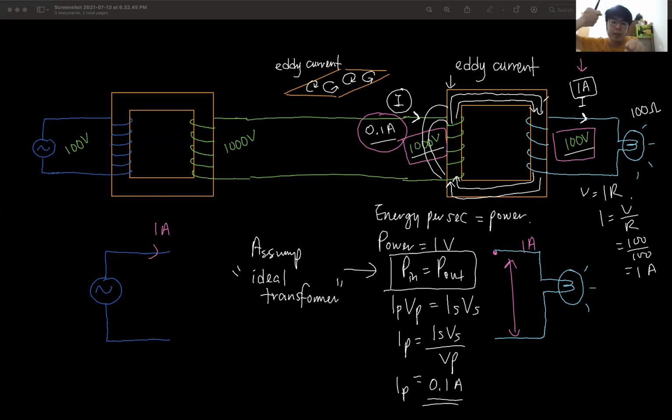When I increase the voltage, the current will drop. Why? We want to understand that.